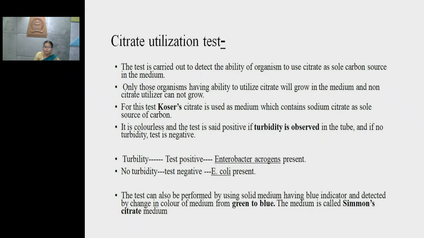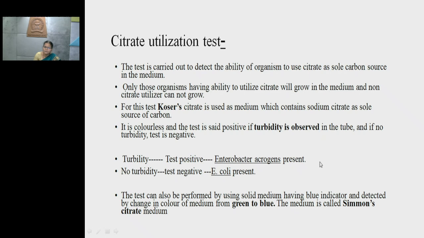The test is carried out to detect the ability of organism, any organism, to use citrate as a sole carbon source in the medium. So in this particular medium, the Koser citrate medium is used and it contains sodium citrate as a sole source of carbon, and only those organisms having ability to utilize the sodium citrate as a carbon source can grow in this particular medium, because we have not added any carbon source in this medium.